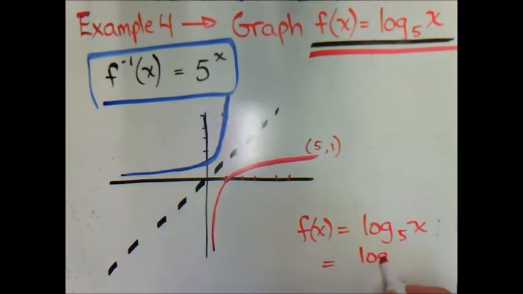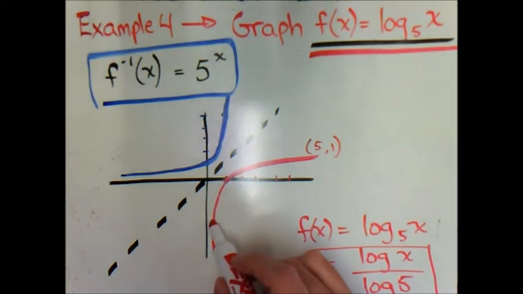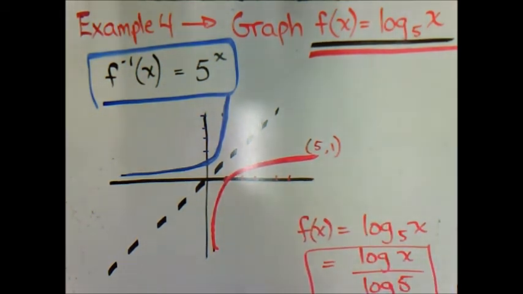Therefore, it is equal to the log of x over the log of 5. Put that in your graphing calculator or GSP, and it will give you the same red curve that we have here. So that's method 2, put in your graphing calculator. That's my preferred method.